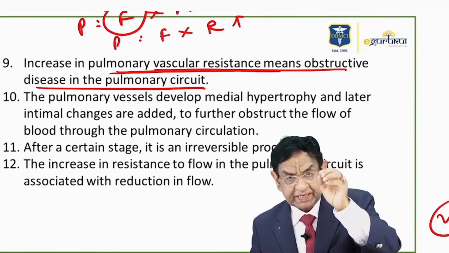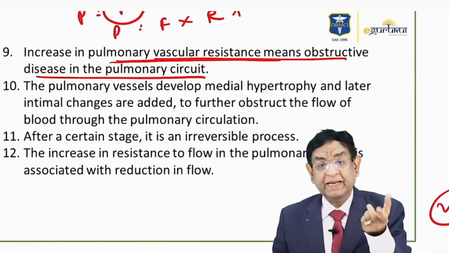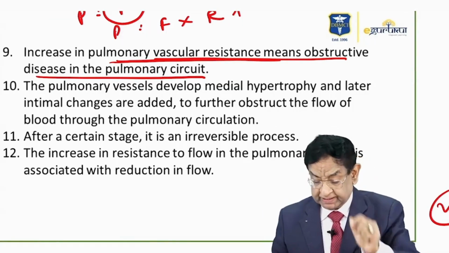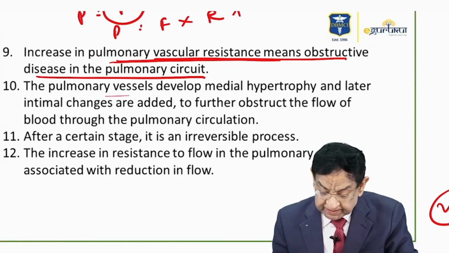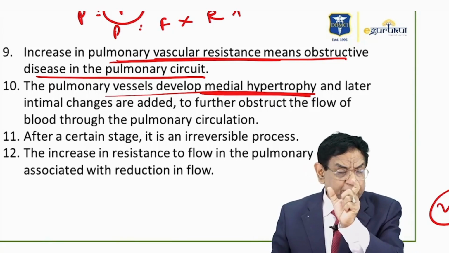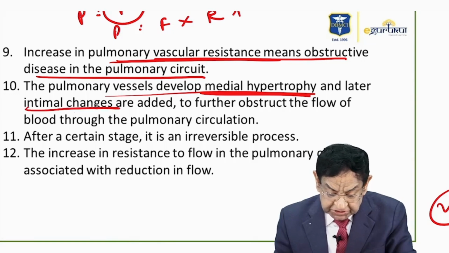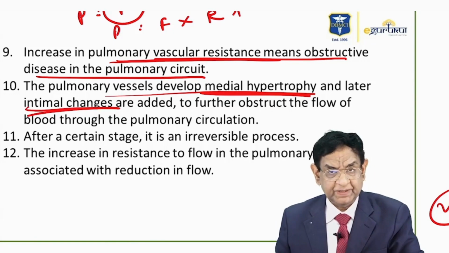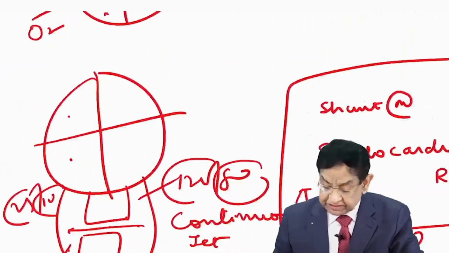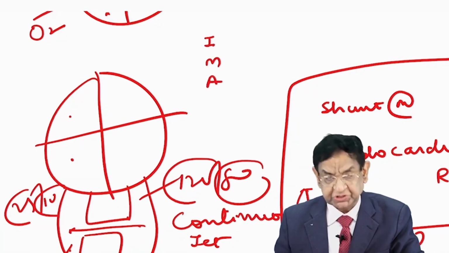Obstruction is there, so what happens pathologically is that the pulmonary vessels develop medial hypertrophy, and later on even intimal changes might occur. In the structure of any artery, we have an intima, media and adventitia.